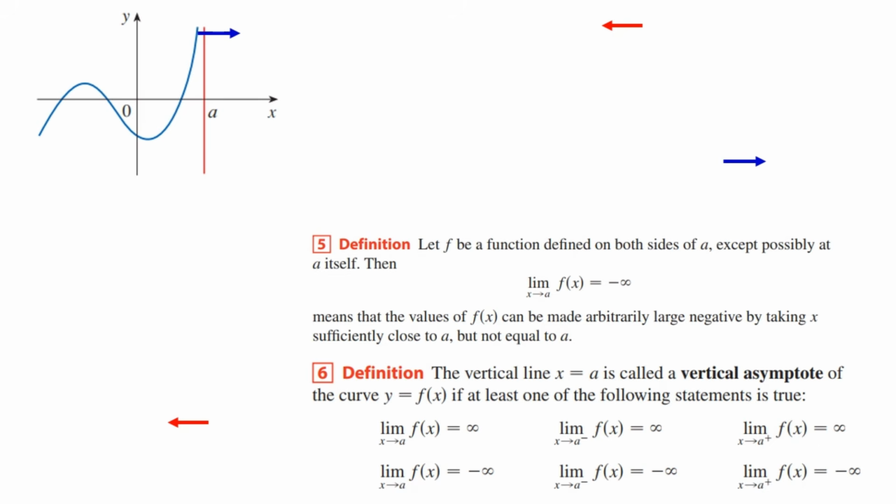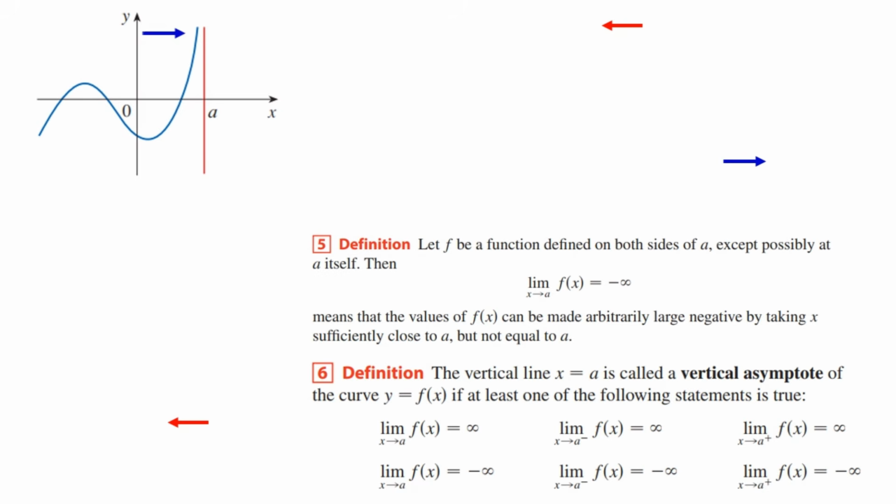The question is this: what is the limit of this function if x tends to a from the negative axis? Now look at that blue arrow. You will see that the blue arrow is coming from the negative axis, from -2, -1, 0, 1, up to it will touch the line.